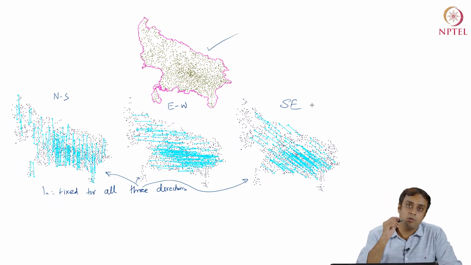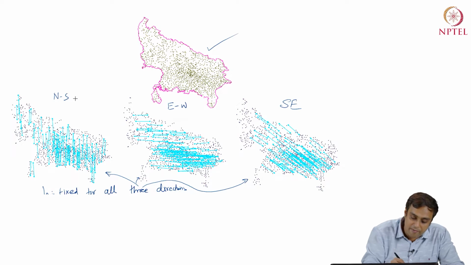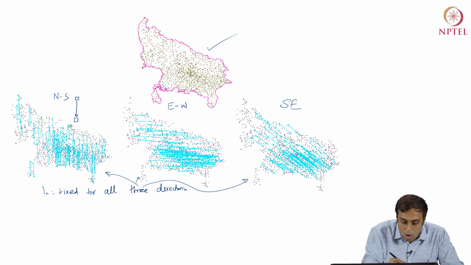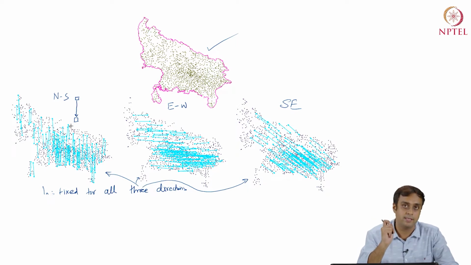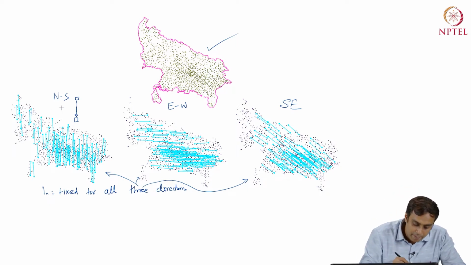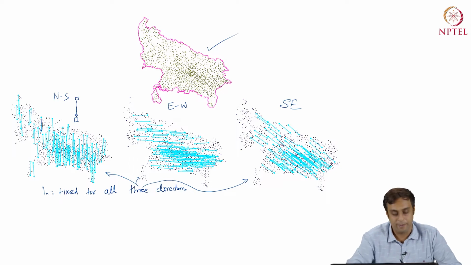In the north-south, if indeed my lag vector was fixed to be from north to south, all the lag representations in blue should have been parallel to each other, which is not the case. Some of them indeed look like they are going exactly in the north direction, for example, the one that I have marked on your screen.